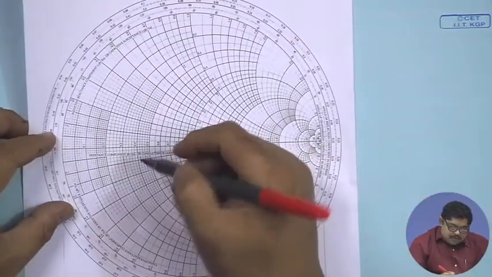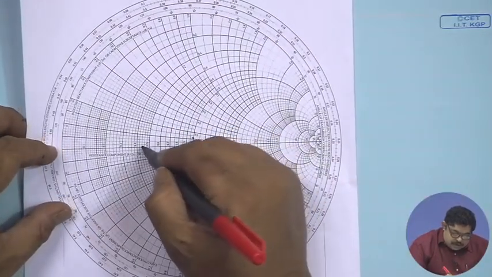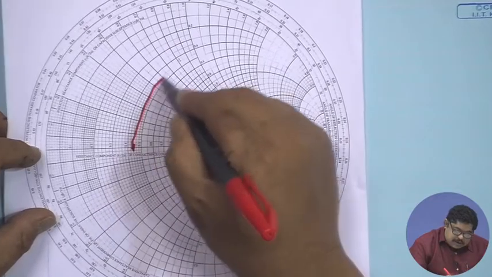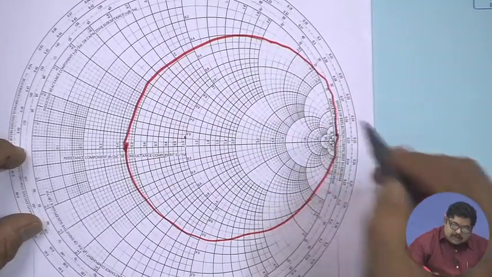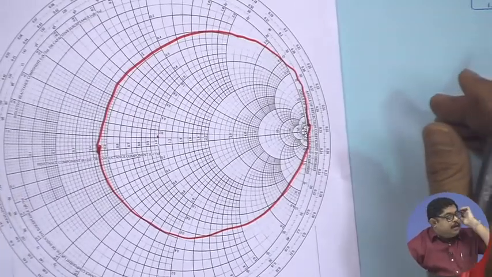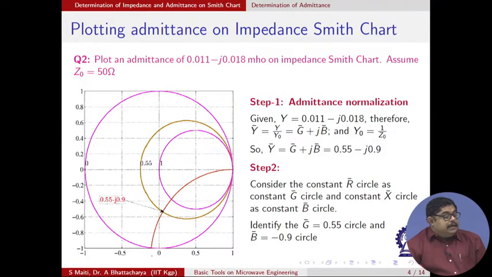So, now the 0.55 circle will be somewhere, I think, here. So, this circle in this chart is the 0.55 circle, and then the minus j 0.9.